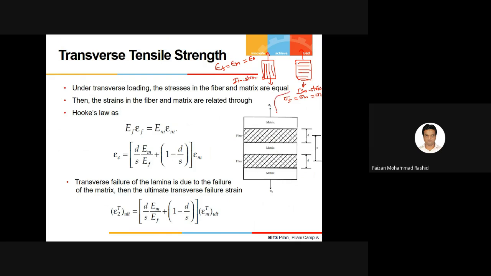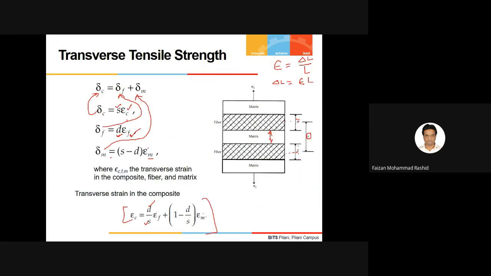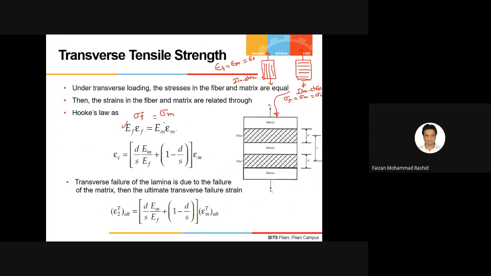So this situation is my iso stress situation. So the stress in fiber will be equal to stress in matrix, and this I can write in terms of Poisson's ratio, Young's modulus and strain. So instead of this one, when I have EF and EM, I can write in terms of this one also. But still I'm carrying one of the strain terms, that is the strain of my matrix material.